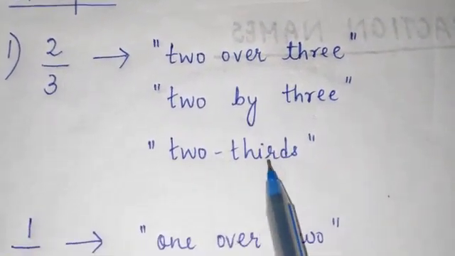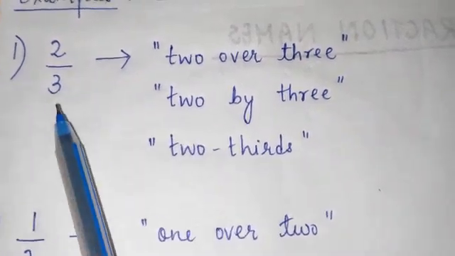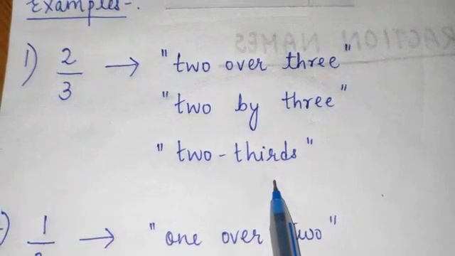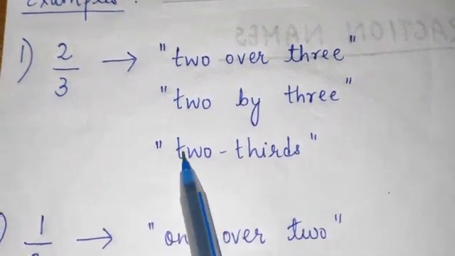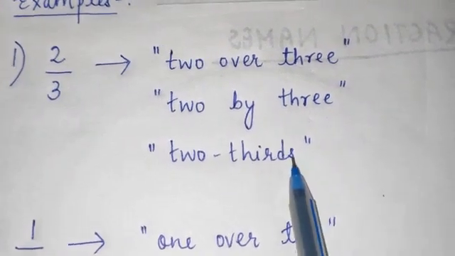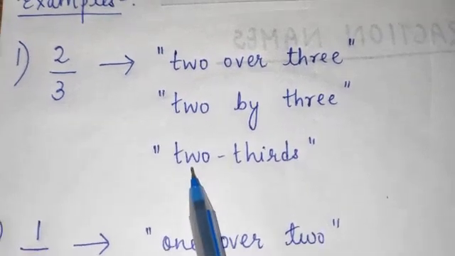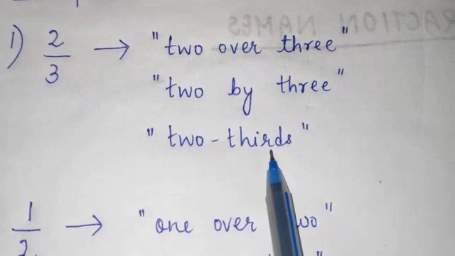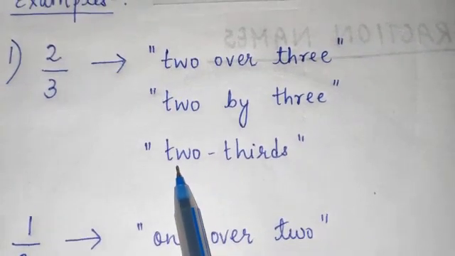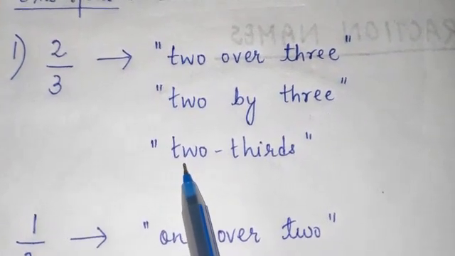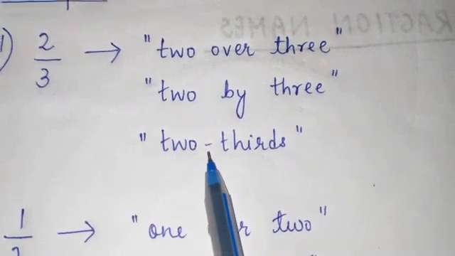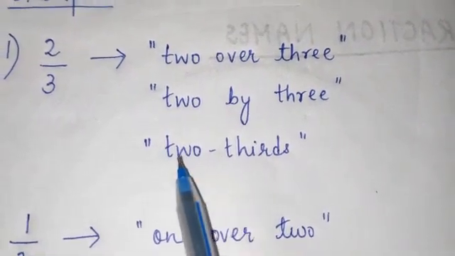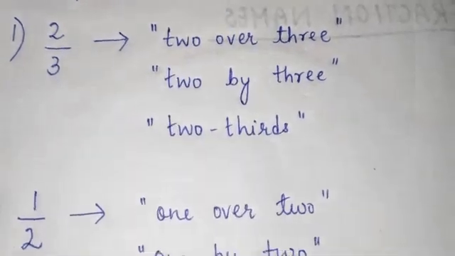So here 2-thirds, 3 has been converted into third, and since there are 2 parts, it will be thirds. अगर 2 की जगह पे 1 होता तो यहाँ पे हम third लिखते, न कि thirds. Since 2 parts are making it plural, it will be 2-thirds. Here we have put a small dash in between, so 2-thirds.